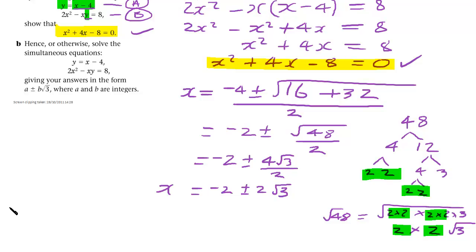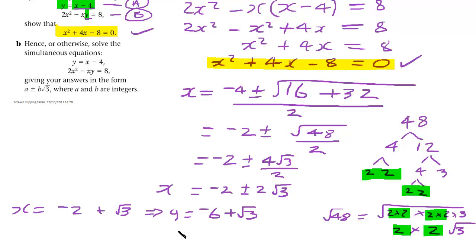Therefore, if x equals minus 2 plus 2 root 3, then y will equal minus 4 lots of that. So this will imply that y will equal minus 6 plus 2 root 3, because if you remember up here, y is x minus 4.